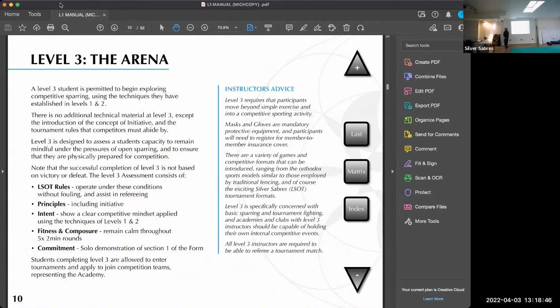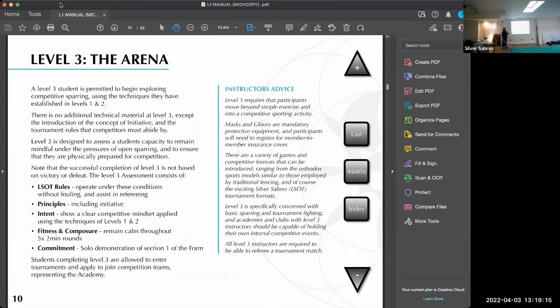But there's a distinction. There's a certain point at which you say, okay, you are now safe to do sparring. If you pass your level 2 assessment, you are now qualified to study in the arena. You can be engaged in competitive play for the purposes of developing that skill set.